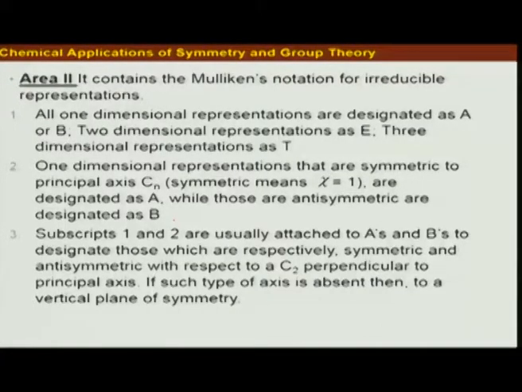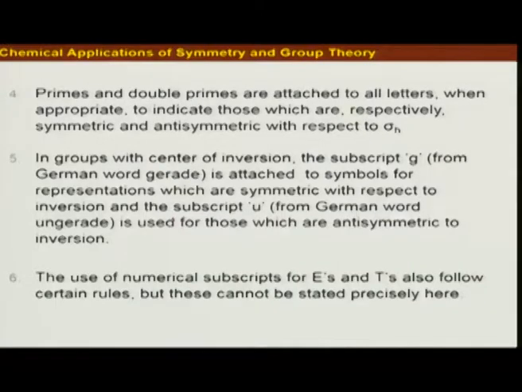In case there are no C2 primes, then one has to look at the characters corresponding to the vertical plane of symmetry, and we will follow the same trend. So with respect to sigma v, if the character is +1, then the subscript 1 will be used. If it is antisymmetric, that is -1, then subscript 2 will be used. And in many cases, primes and double primes are attached.